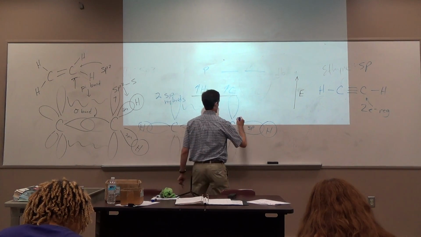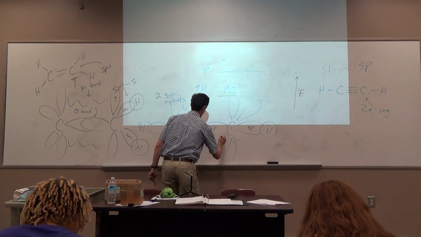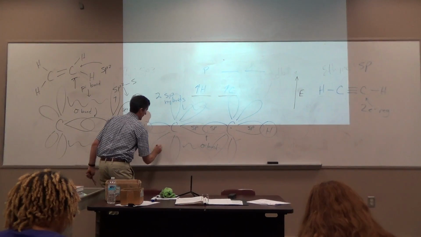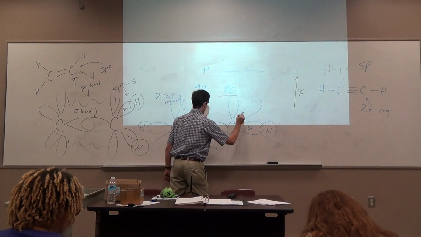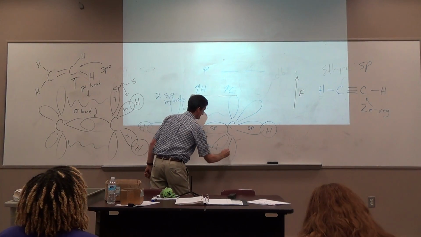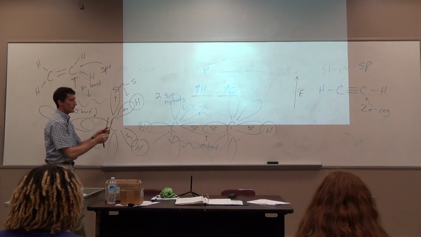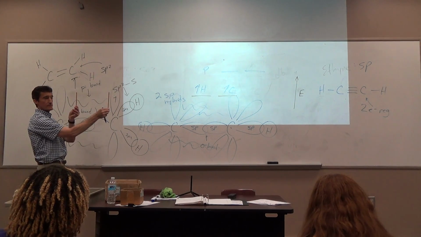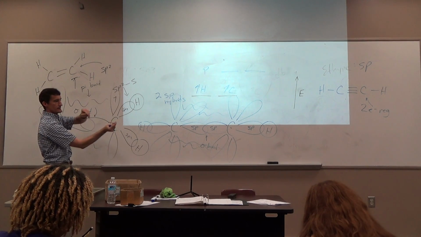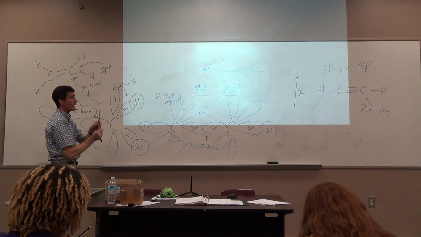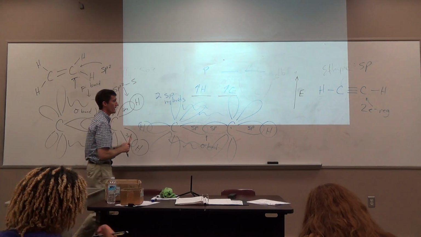I'll attempt to draw it sort of like this. It's going to get kind of cumbersome and ugly. But you have two p orbitals like this interacting. The other two are like this interacting. Look in your book for better photos.